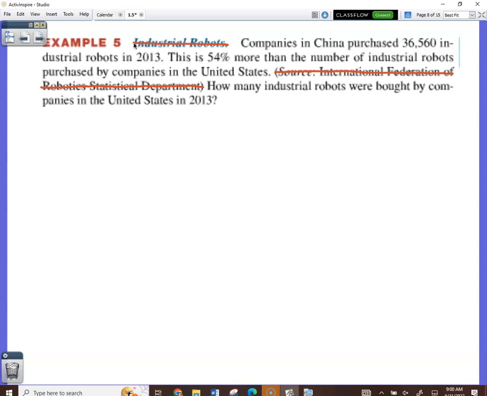So, companies in China bought 36,000 robots in 2013. So the way I said it was, okay, so China got 36,000 robots in 2013, right?